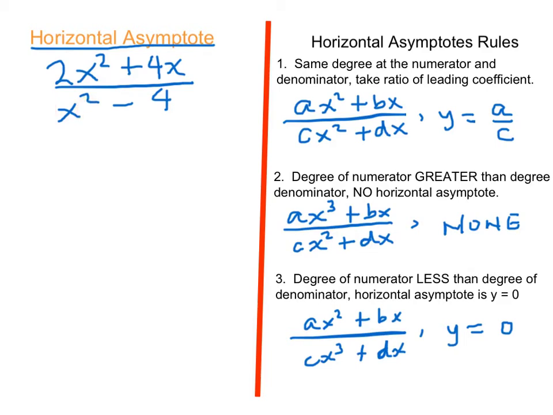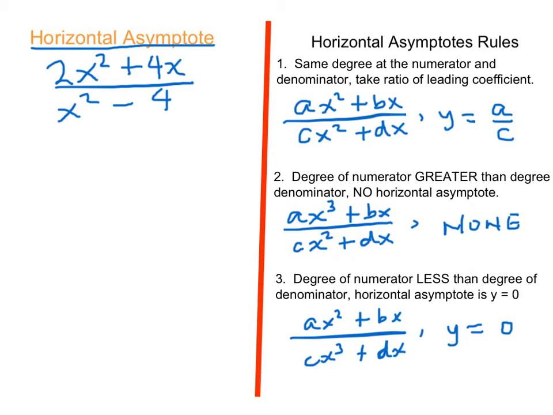Therefore, we can conclude that the horizontal asymptote for this expression is simply 2 divided by 1, because 1 is the coefficient of the leading term here.